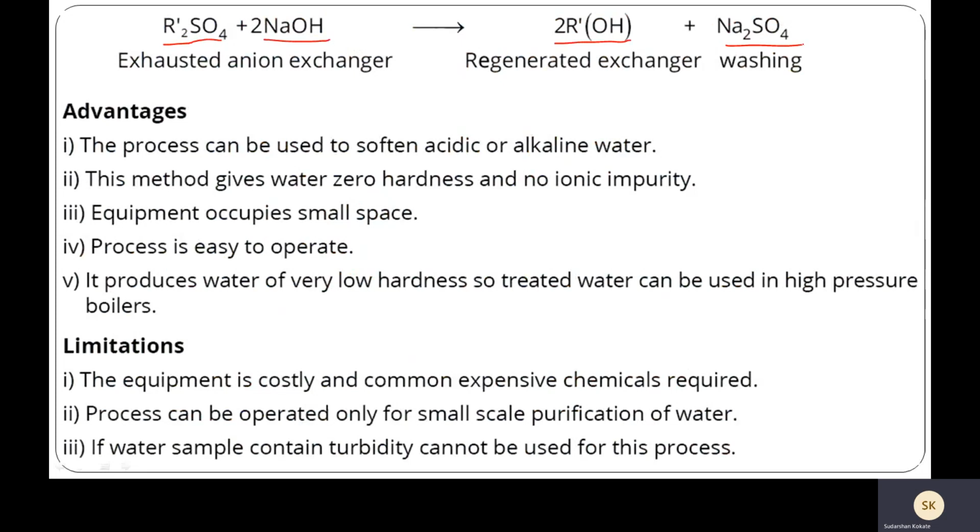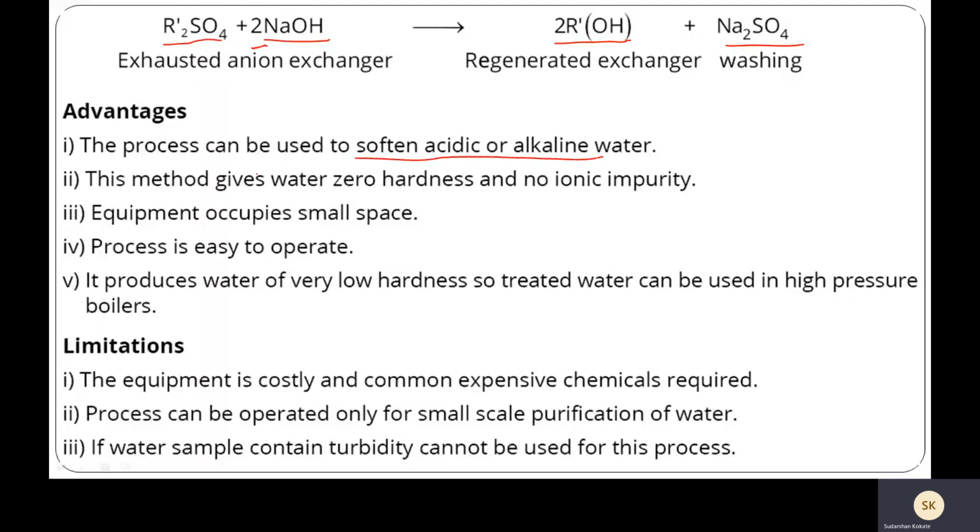Now, what are the advantages of this process? This process can be used to soften acidic or alkaline water, right? This is the main purpose of the ion exchange method.